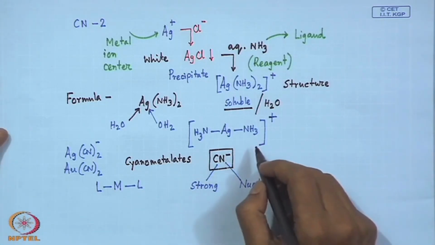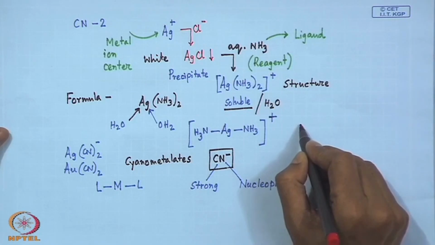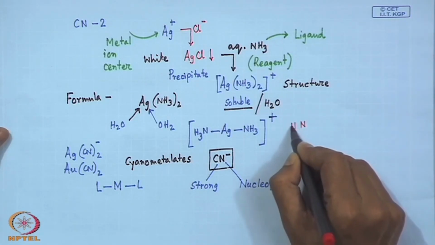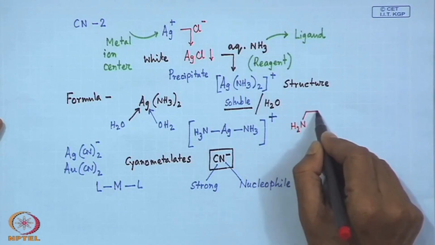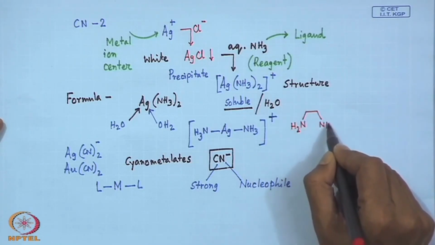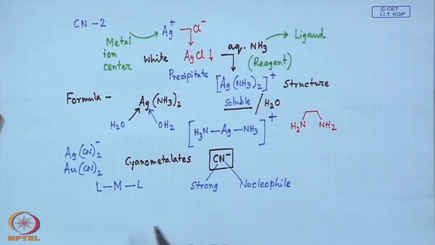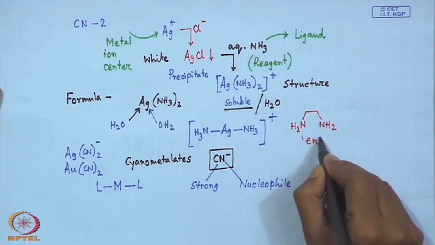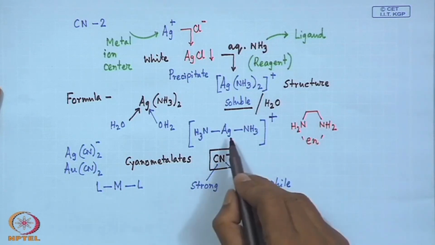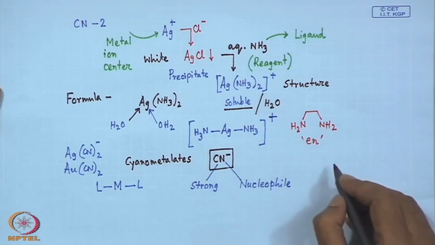Whenever we talk about coordination from ammonia or cyanide, we can have some important information at the same time. If we have an ammonia-like ligand, an organic molecule like the bidentate chelating ligand ethylene diamine, how can ethylene diamine react with silver 1 or gold 1?